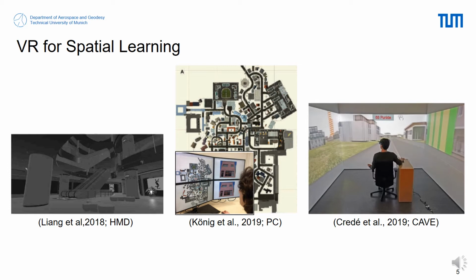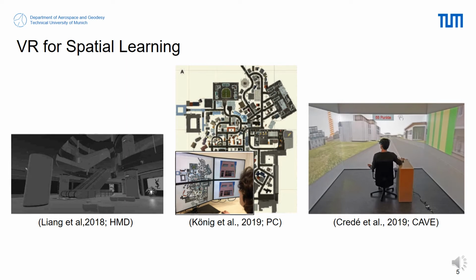In the geospace, it's quite difficult to conduct user studies in the real physical world, as there are many unpredictable factors like the traffic or the weather conditions. So virtual reality is usually used to build virtual environments as a substitute for the real world.